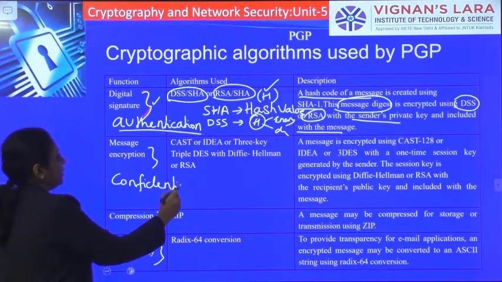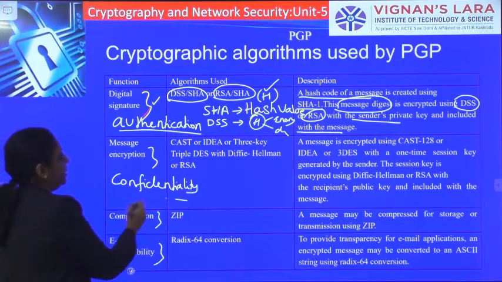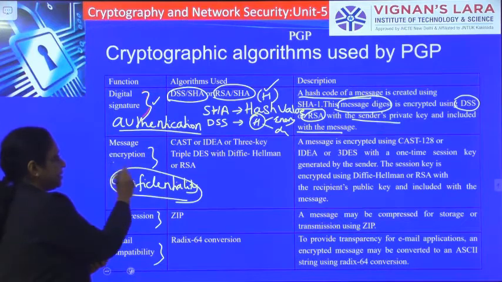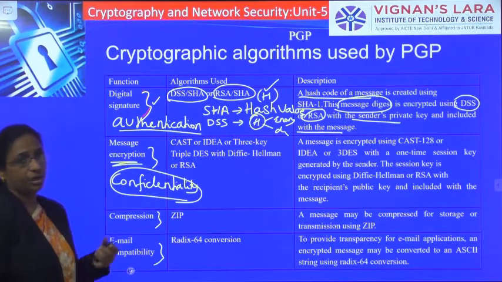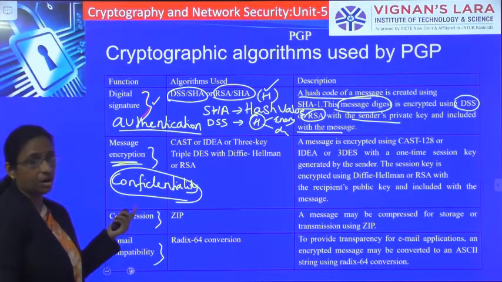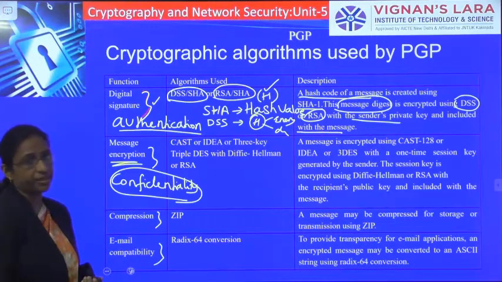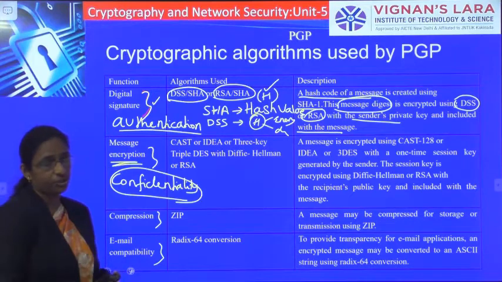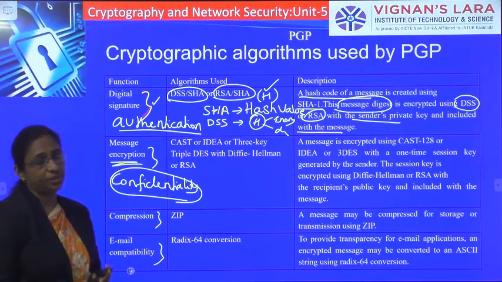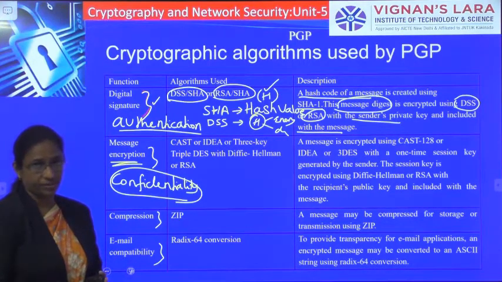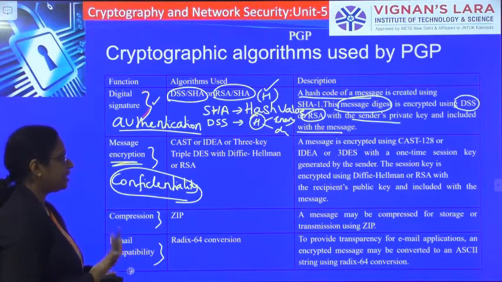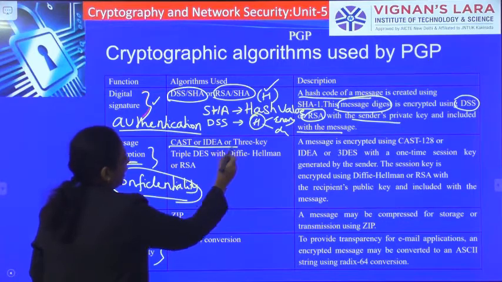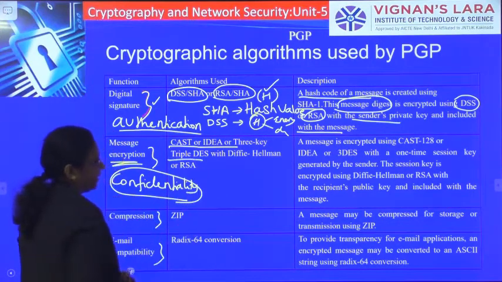The next operation is confidentiality. To provide confidentiality, we will be doing message encryption. To do that message encryption, as we have said, PGP uses symmetric key block ciphers. The symmetric key block ciphers used are CAST, IDEA, or three-key triple DES.